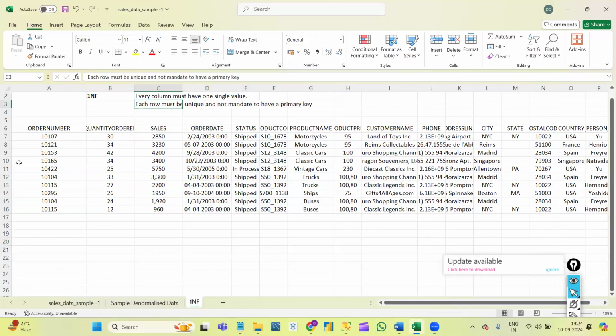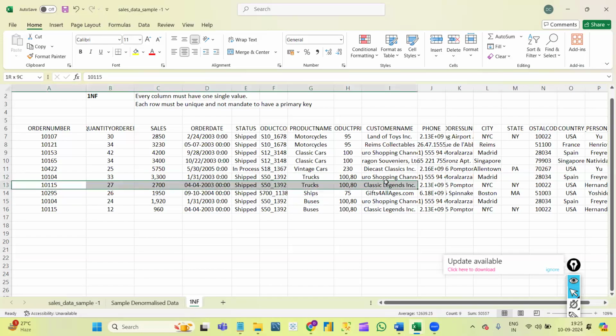If I see the complete row, maybe some details are same here. Whatever we saw here, trucks and buses, I have some order number same, product name same, but here product name is different. Here buses, here trucks. So in the complete row level, the data will be unique only.